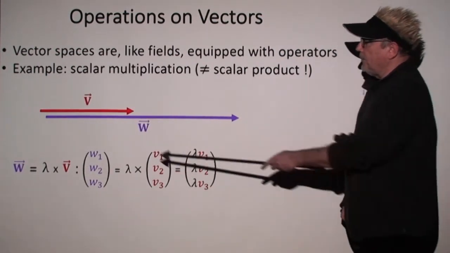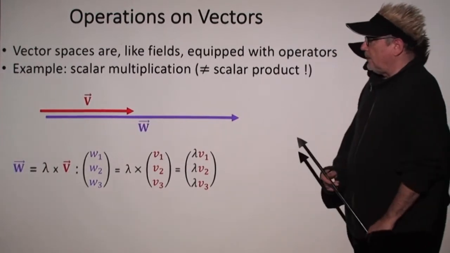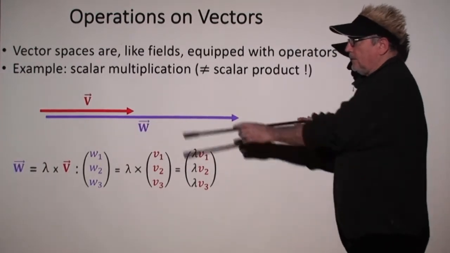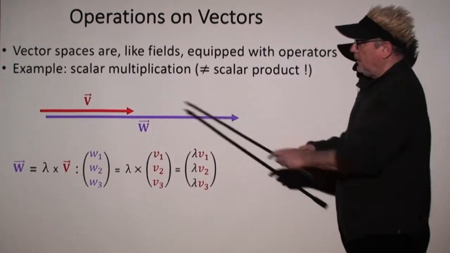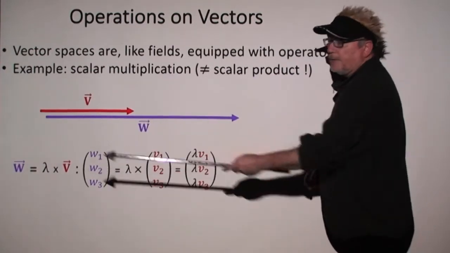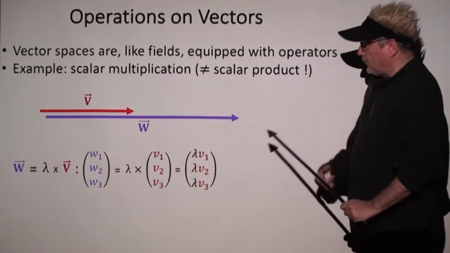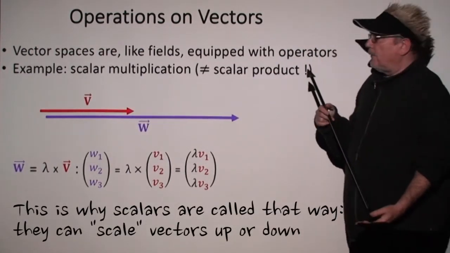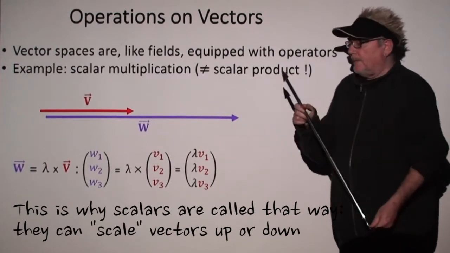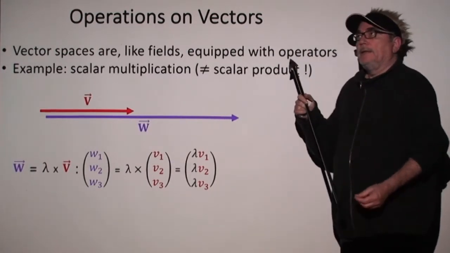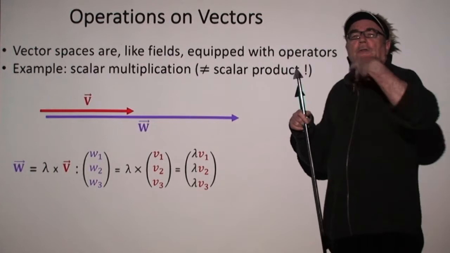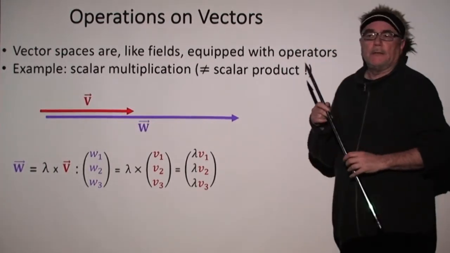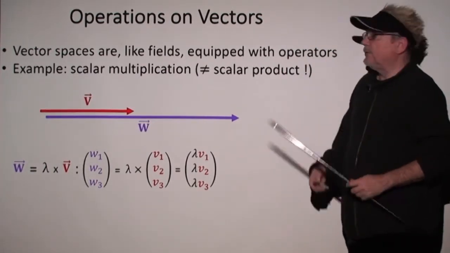So as you can see, when you do that, you don't change the direction. You don't change the sense unless lambda is negative. But what you do is you change the length. And usually when you use vectors, the length of the vector defines some kind of amplitude of a phenomenon, and so that's obviously very important.